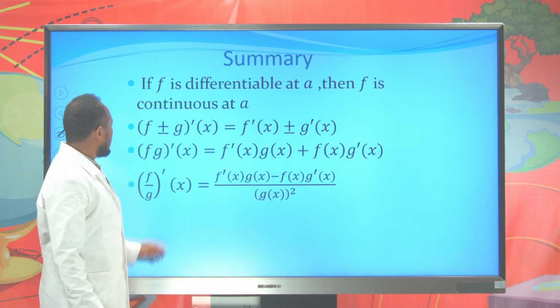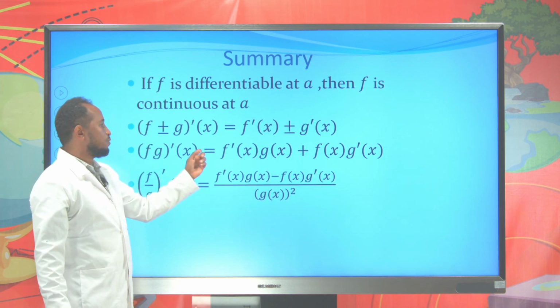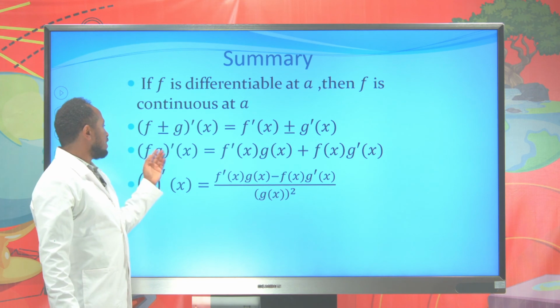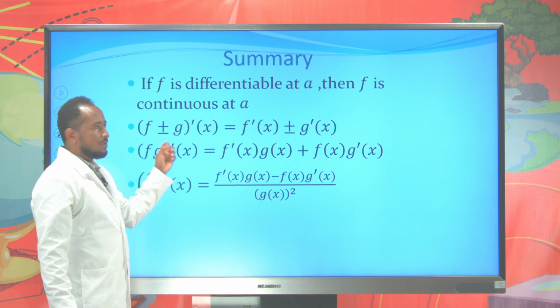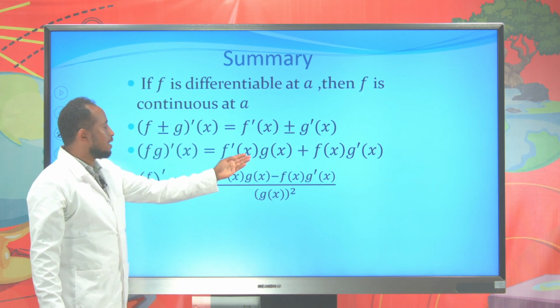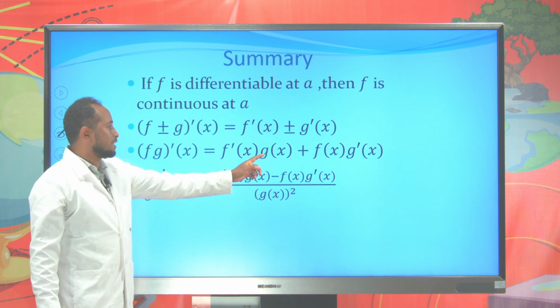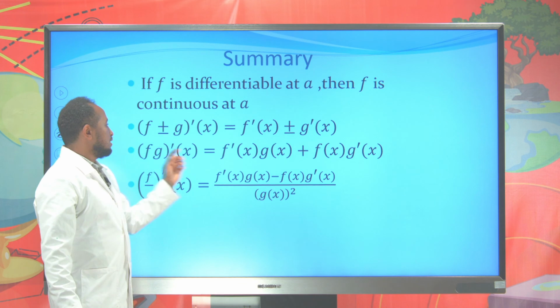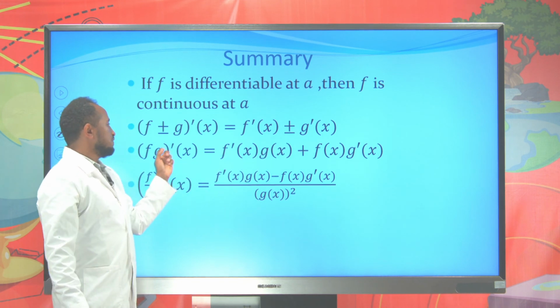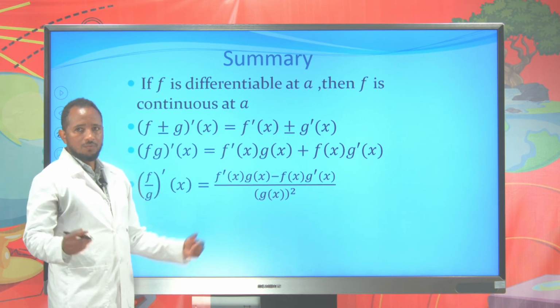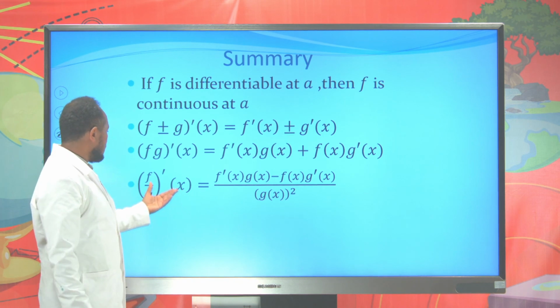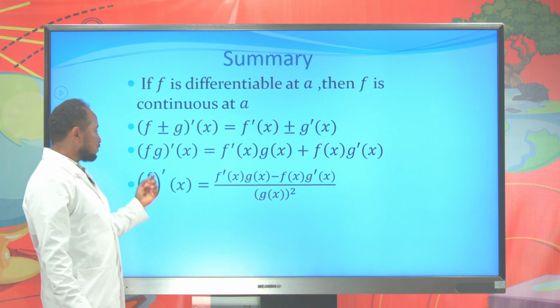The other one we have seen is the derivative of a product of functions. If we have two functions f and g, the derivative of their product is the derivative of the first function times the second function plus the first function times the derivative of the second function. The other point that we have seen today is the quotient rule.